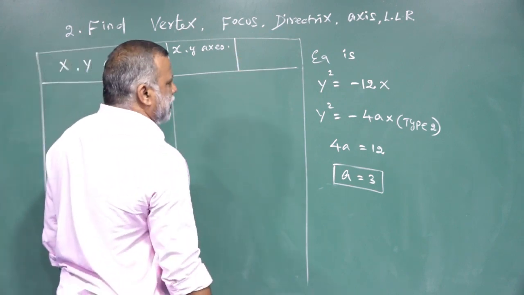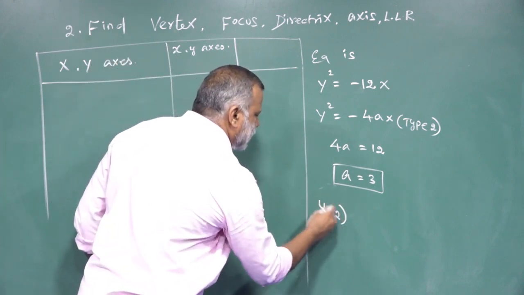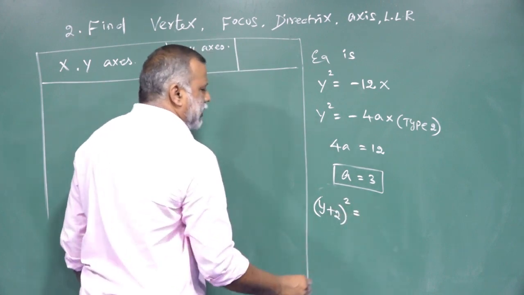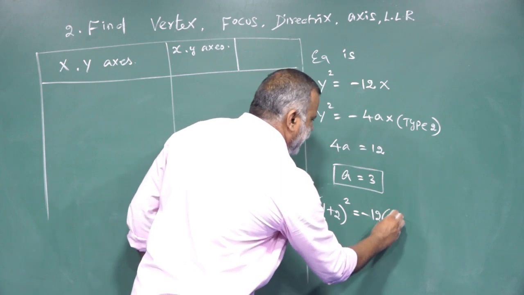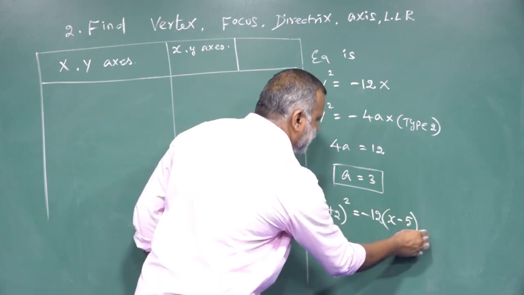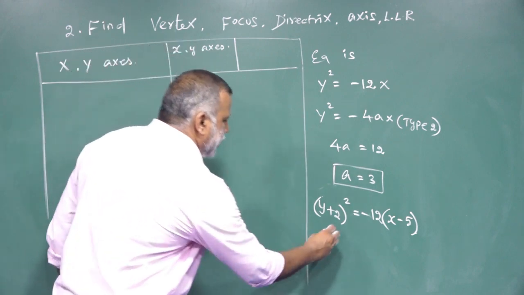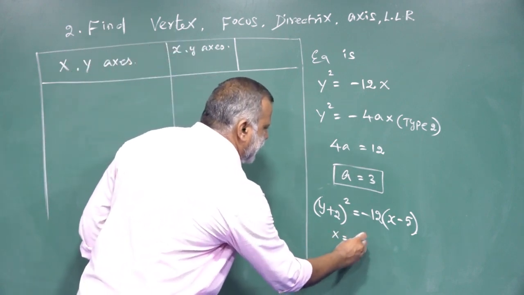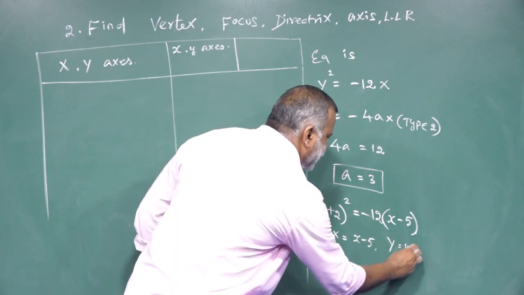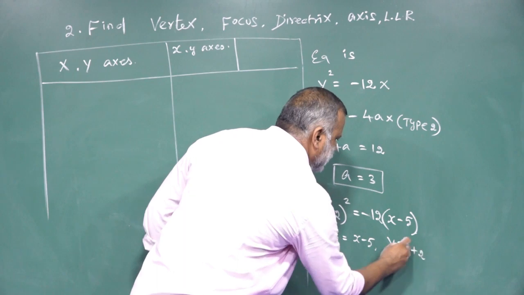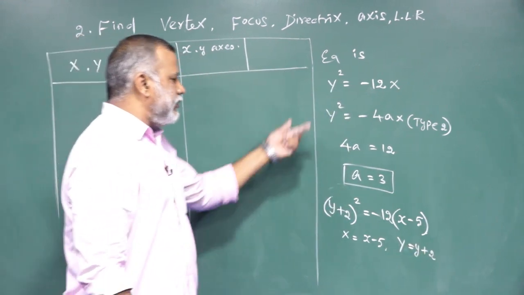Y plus 2 the whole squared equal to minus 12 times x minus 5. Like this we are giving the name. So capital X equal to x minus 5, then capital Y equal to y plus 2. So this is the naming we already worked out.